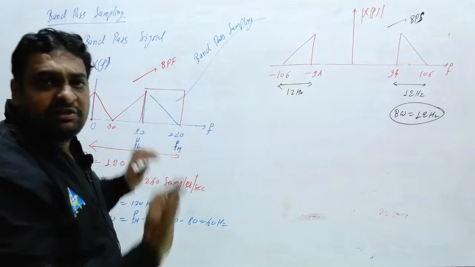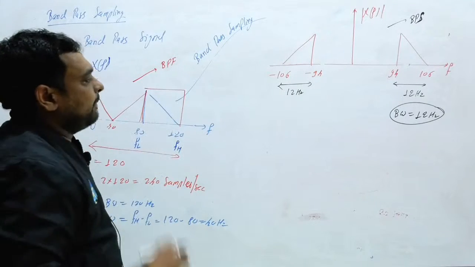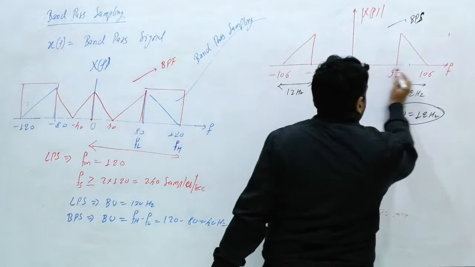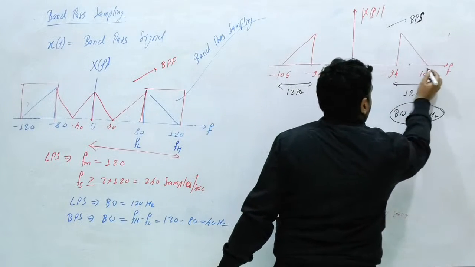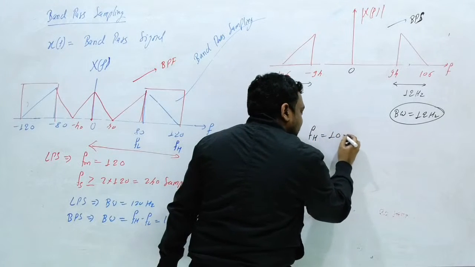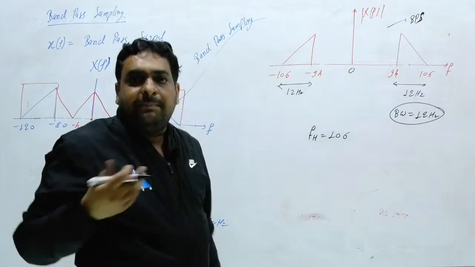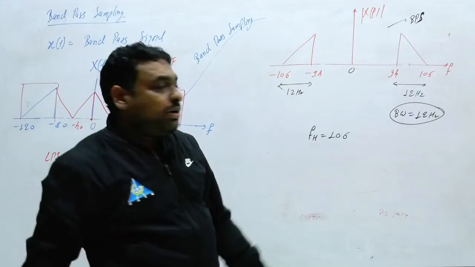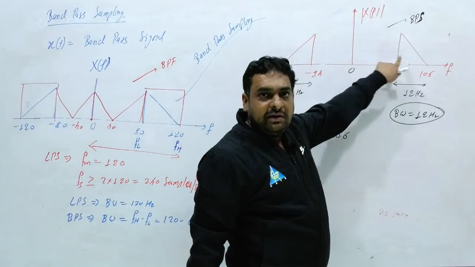Only by mathematics can we solve this band pass sampling. Now you have to find out how many spectra can be present here. This total length is 106, so fh is equal to 106. How many spectra can be present here?